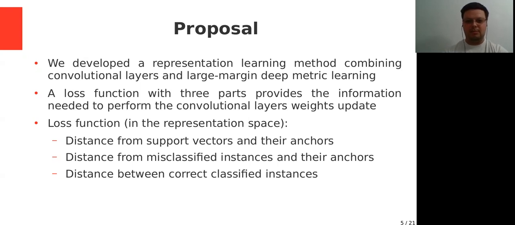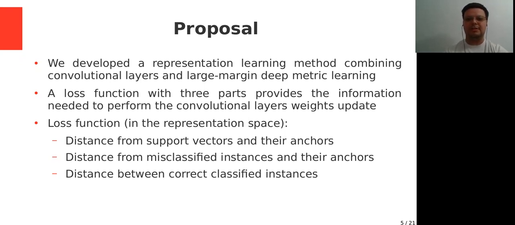We can use any input size for our network, and use a large margin classifier to give us information to train these convolutional layers. So we are performing deep metric learning on the convolutional layers using information from a large margin classifier.